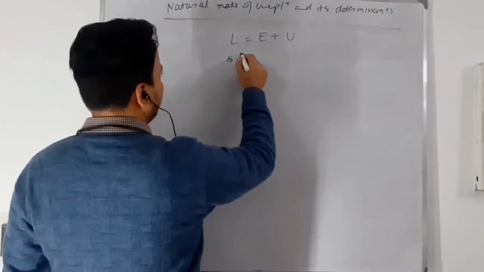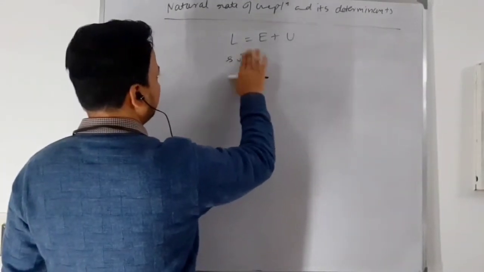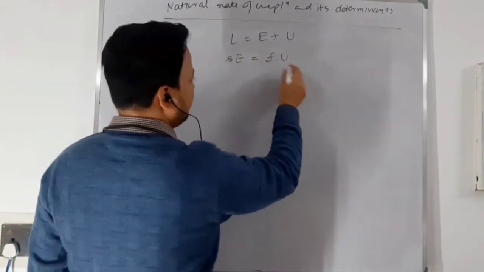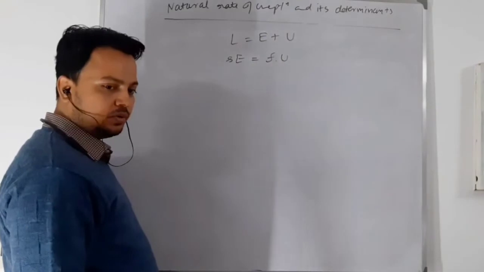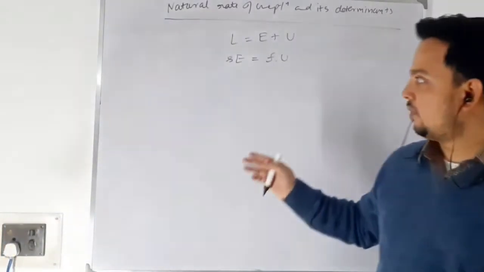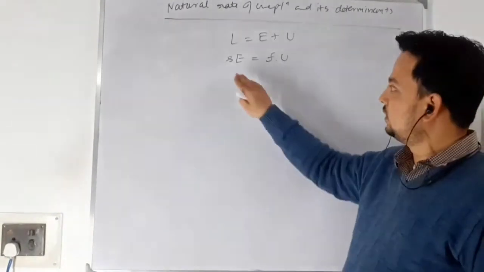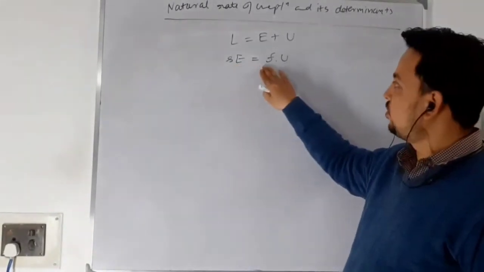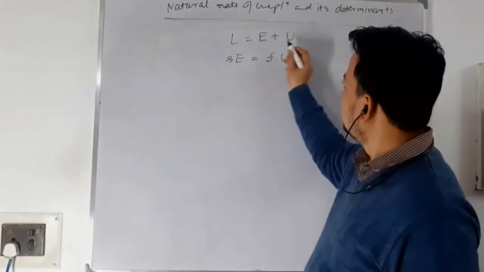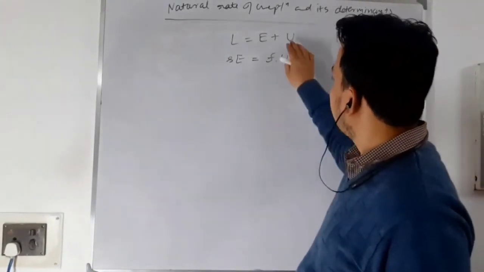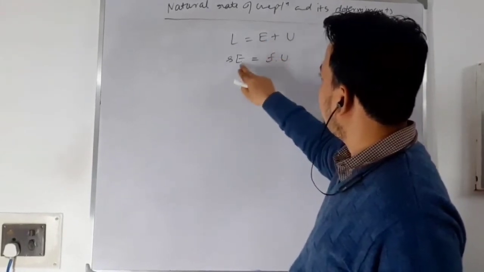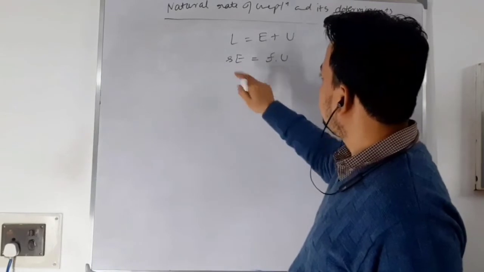The fraction of people losing a job must be equal to the fraction of people getting a job. At the natural rate, where you have a steady rate of unemployment, the fraction of people losing a job must be equal to the fraction of people getting a job. Now let's write this equation in terms of E, because here I have E.